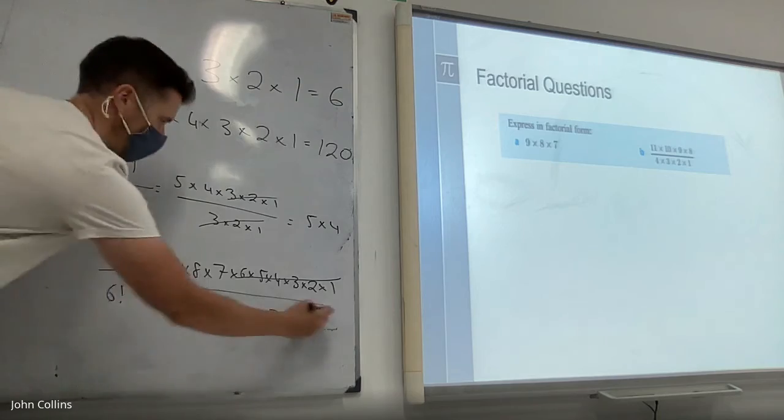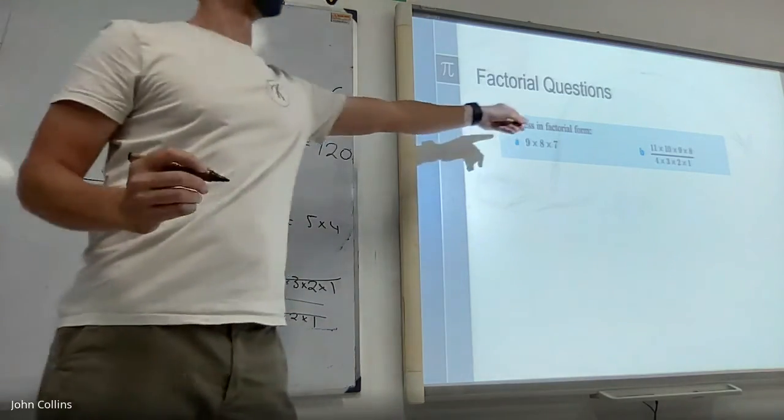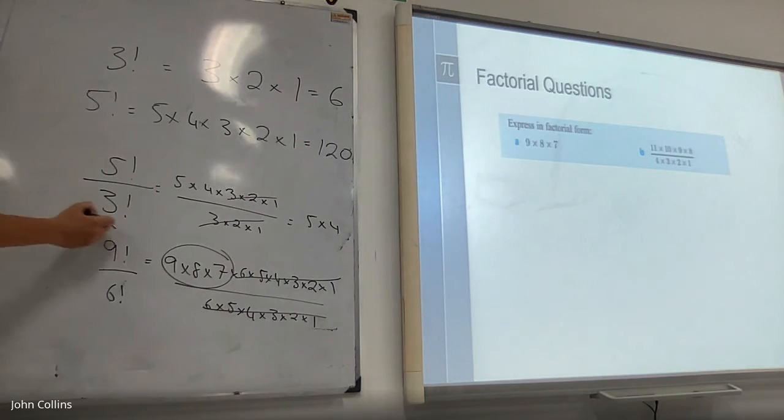That's cancelled out that, and we're left with this. So another way to represent these 3 numbers multiplied, and this they have never seen before, is 9 factorial divided by 6 factorial. Is the same answer as 9 times 8 times 7. So that is that first question expressed in factorial form.